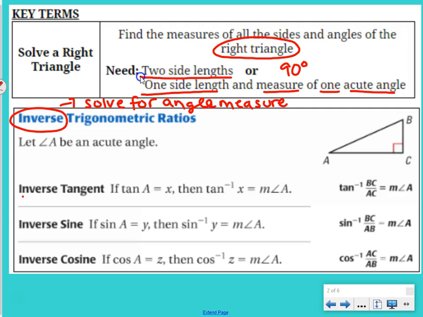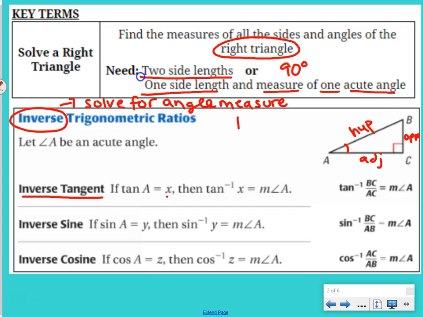All right, the inverse of your tangent ratio. If tangent of A equals x, then the inverse tangent of x equals the measure of angle A. Kind of a lot of words there, but if we look at the measure of angle A, let's label our sides. We have opposite, adjacent, and hypotenuse.